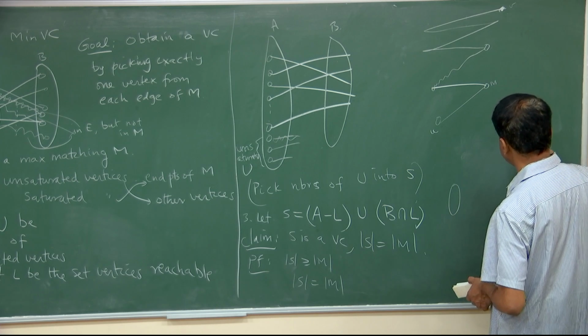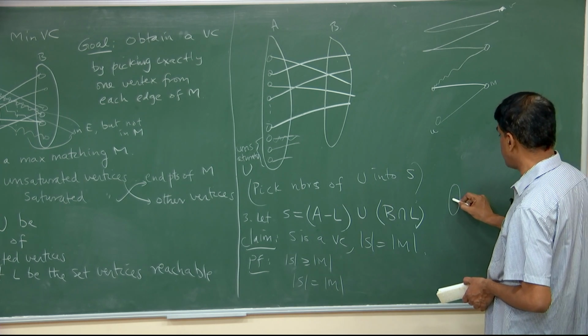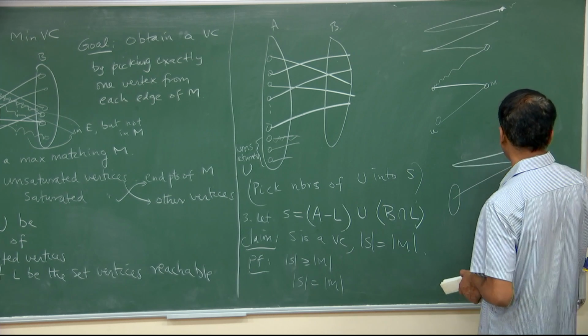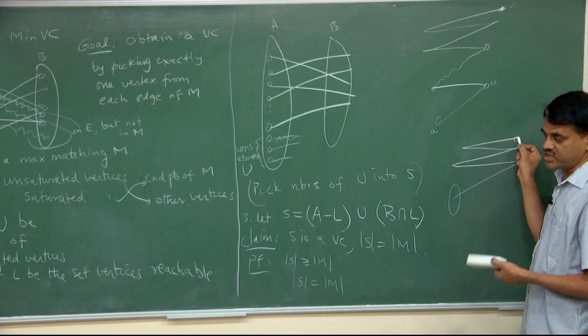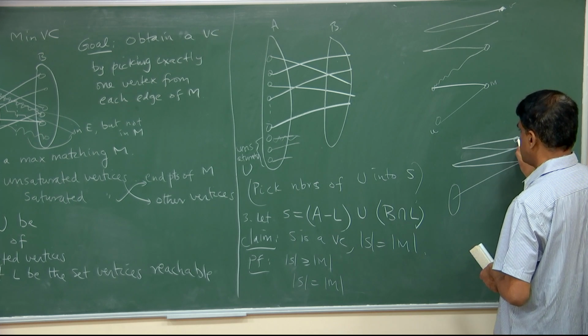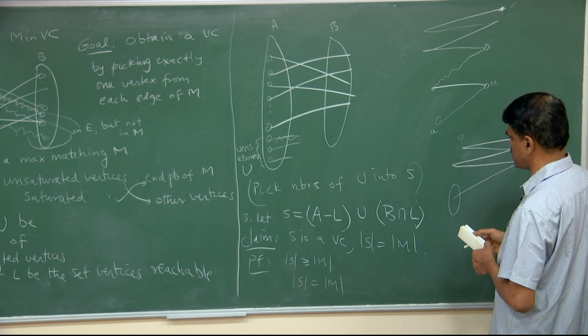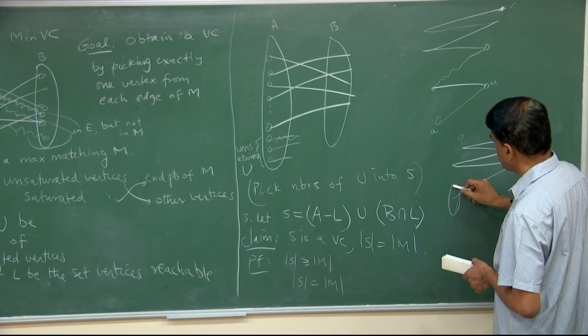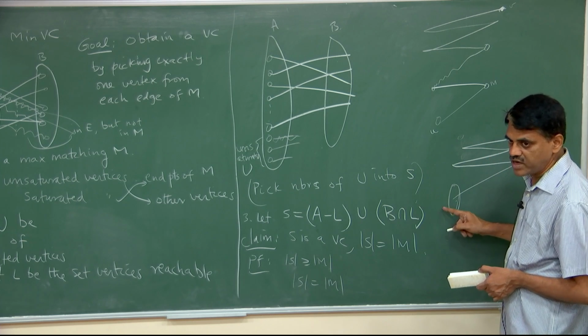Suppose you have an unsaturated vertex which is in B, which is reachable, that means that I can go from here and I get an augmenting path, which is a contradiction. You can increase the matching. So nothing here can be unsaturated, because if it's unsaturated, it will be here. I am only looking at neighbors starting from here.